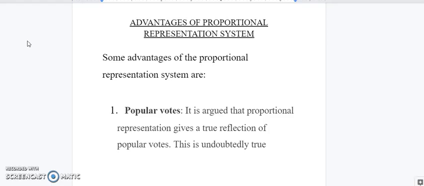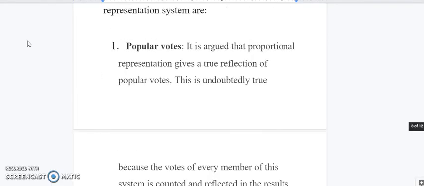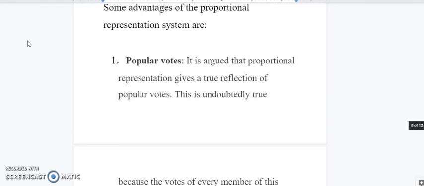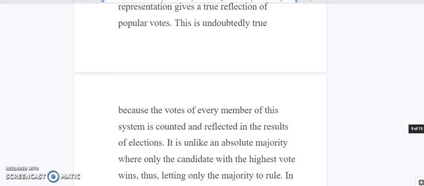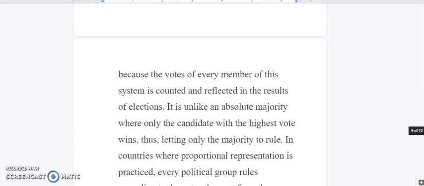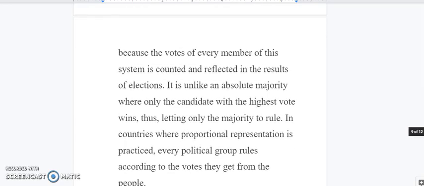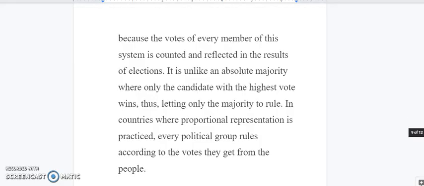Now, every system has its advantages and its disadvantages. What are some of the advantages of the proportional representational system? The first advantage is popular votes. It is argued that proportional representation gives a true reflection of popular votes, right? This is undoubtedly true because the vote of every member of this system is counted and reflected in the results of elections.